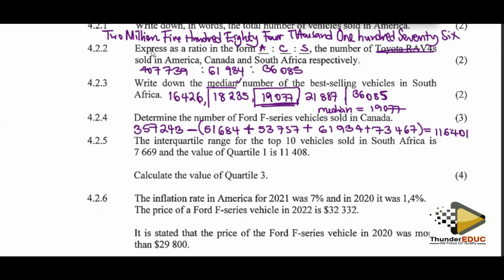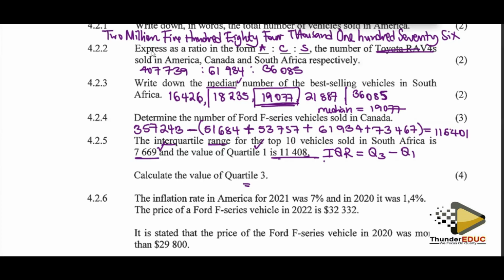Now, here they have not given you any clue, but they have told you interquartile range, which is IQR. In your head, you know it's the upper quartile minus the lower quartile. So we are looking for the Q3, which is the upper quartile. You already have your IQR, which is this, and you already have your Q1, which is this much.